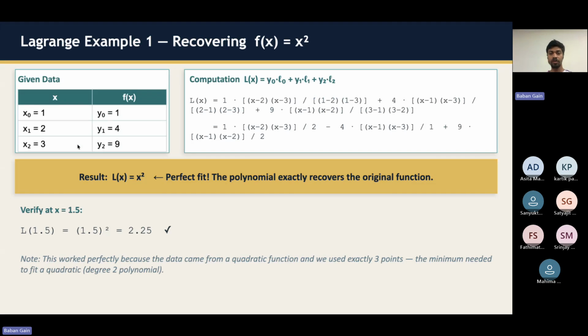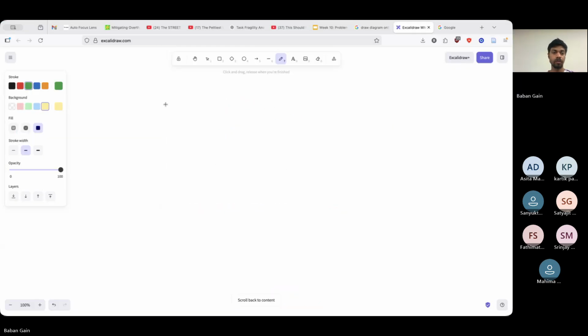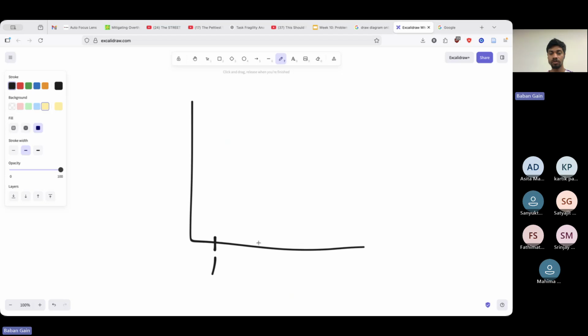So let me try to give an example here. Let's assume that we have something like this here. I'm talking about squares. This is 1, this is 2, this is 3.